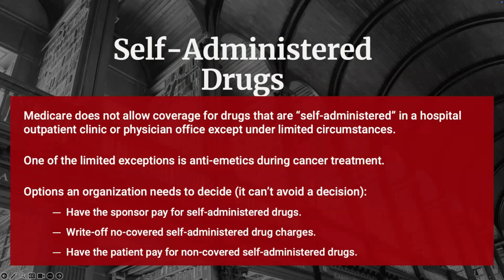And this is when I say up here in the parenthetical, you can't avoid a decision. This last point is the default. So if you don't make a decision, a non-covered self-administered drug charge goes on the claim, it will get denied, and then that denied charge will fall to patient pay. For the most part, this is sort of what happens.